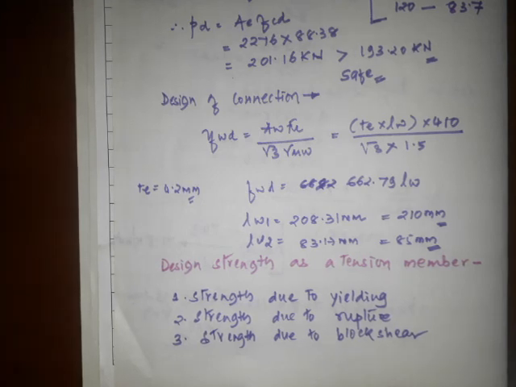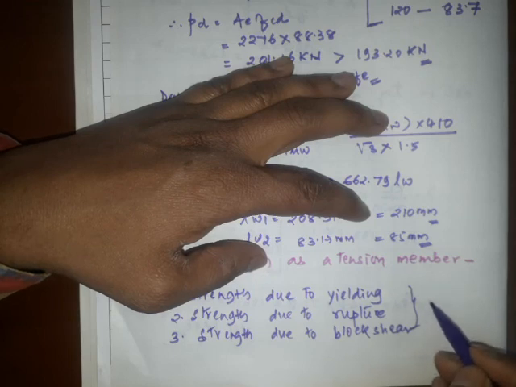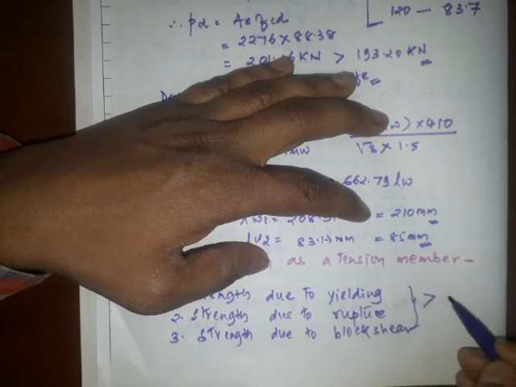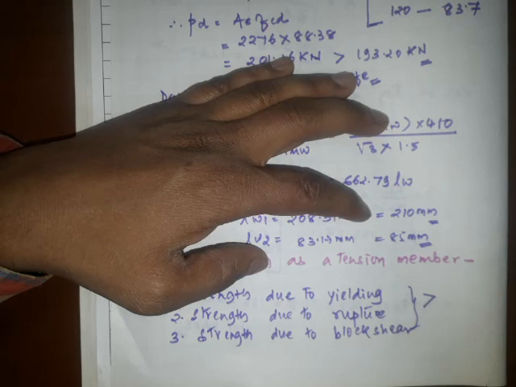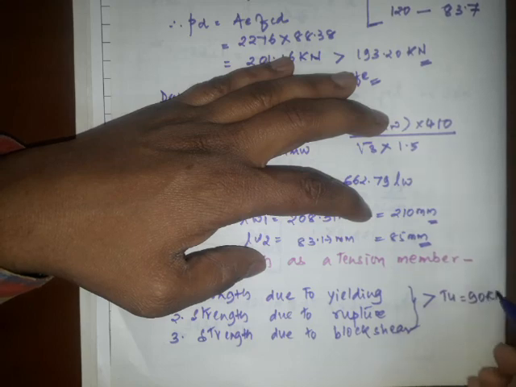In all the three cases, the strength of the member should be more than the applied force, which I think is 90 kilonewton. The Tu is 90 kilonewton, the applied force on the member.